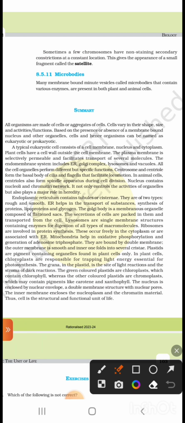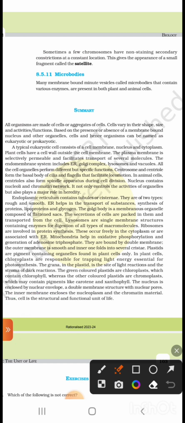The grana in the plastid is the site of light reaction and the stroma of dark reaction. The green colored plastids are chloroplasts which contain chlorophyll, whereas the other colored plastids are chromoplasts which may contain pigments like carotene and xanthophyll. The nucleus is enclosed by a nuclear envelope, a double membrane structure with nuclear pores.